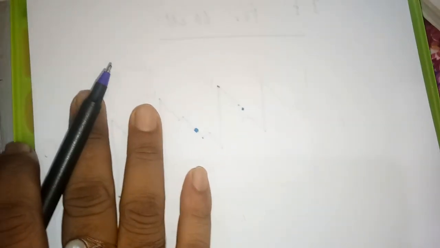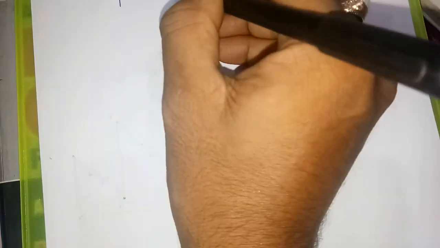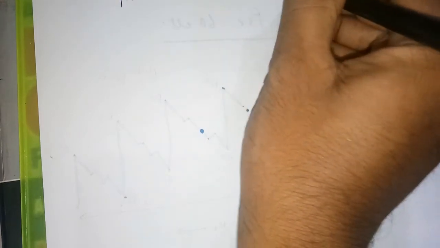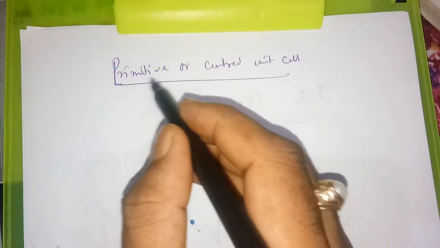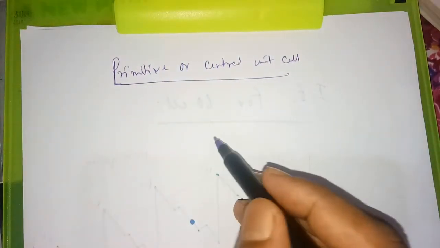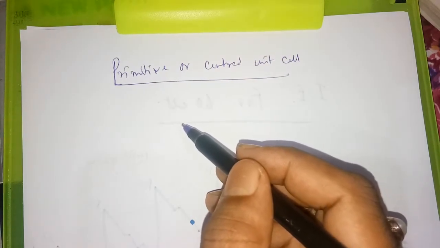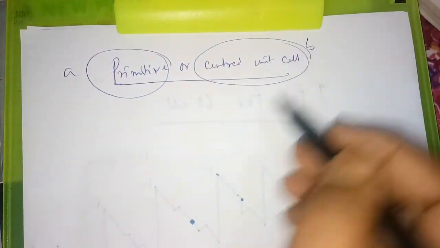For example, first of all, primitive or centered unit cell. So a unit cell can be divided into two categories: primitive or centered unit cell. Primitive is one category, and centered unit cell is the other category.